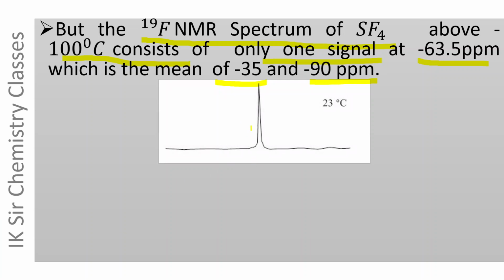Only a single signal is obtained in the F-19 NMR spectrum of SF4 at 23 degrees centigrade, and this signal is obtained at minus 63.5 ppm.